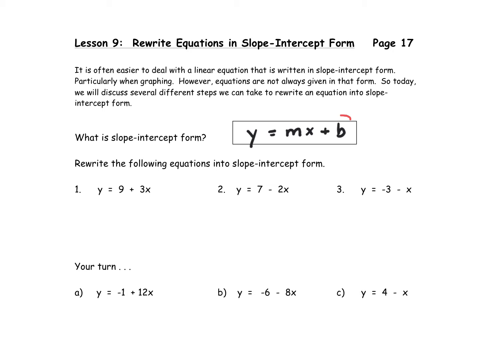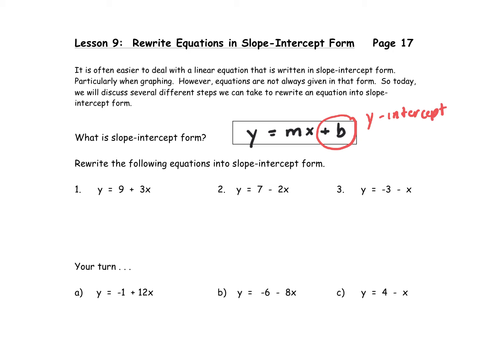And this number, whether it's positive or negative, we use our plus signs as positive, our minus signs as negative, is the y-intercept. And that tells us where a point is on the y-axis. For instance, if it's positive 4, we would locate the point 0, 4 on the y-axis.